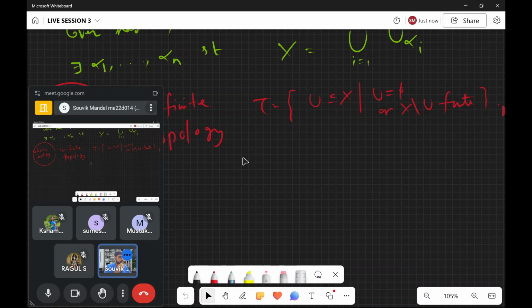So that is the cofinite topology. Just after the definition of compactness, the first question is to show that any cofinite topological space is compact. Of course, for that you need to choose an open cover.